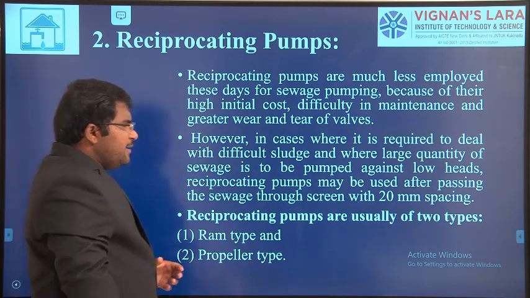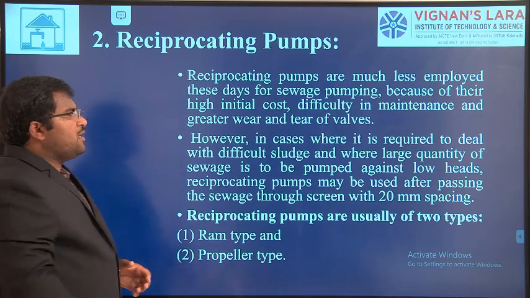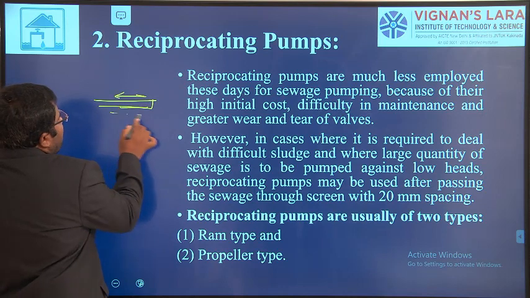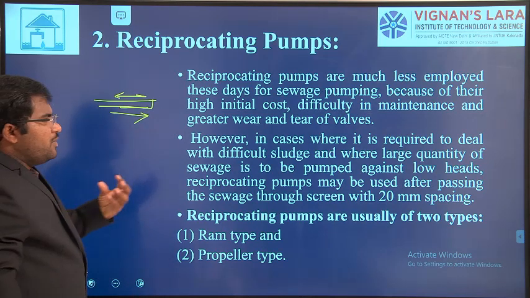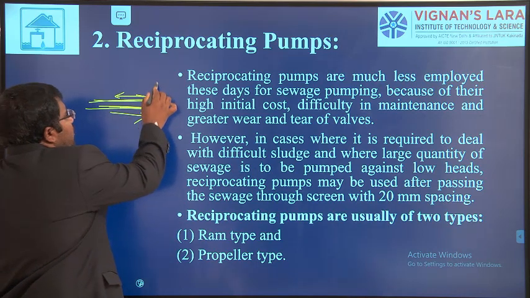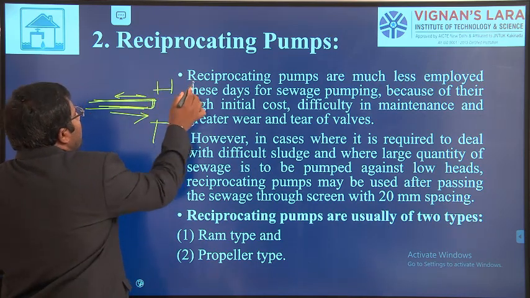Reciprocation means to and fro motion. The piston will move like this, and we have one inlet and one outlet.